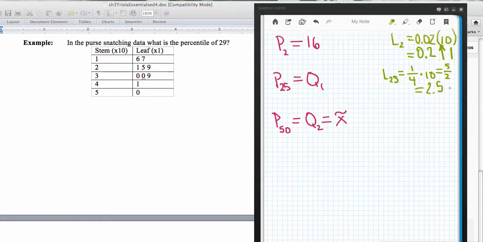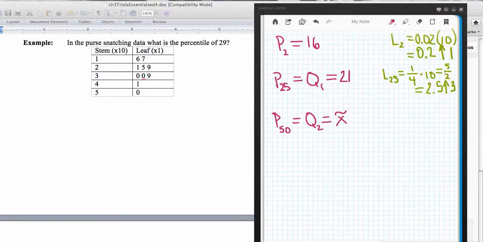Now again, it's not a whole number, so I'm going to round it up. I'm going to go up to the third data point. So my third data point, 1, 2, 3. So my 25th percentile, my first quartile, is 2 times 10, 20, plus 1 times 1, which is 21. So this is 21, and that's my first quartile.